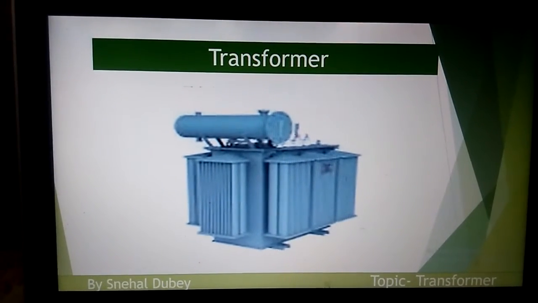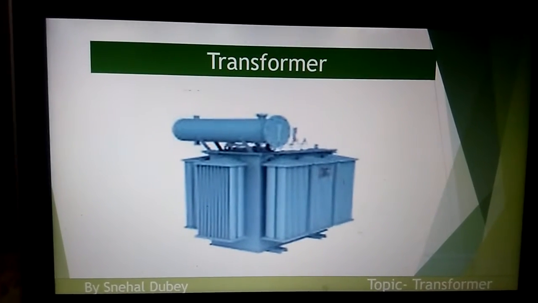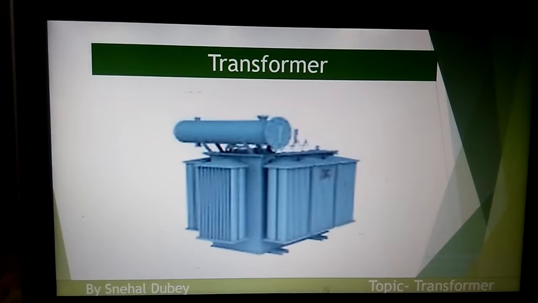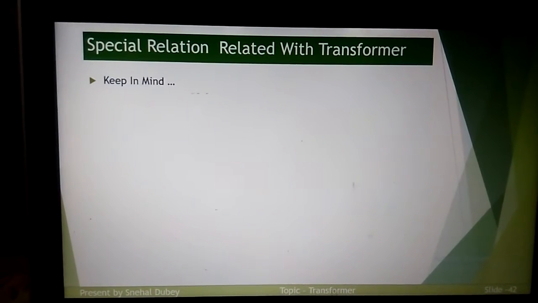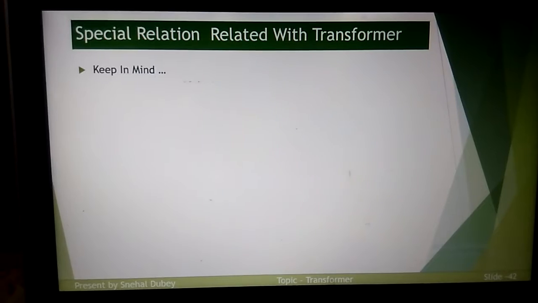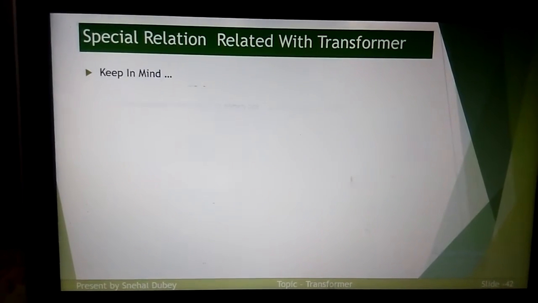I am providing you the list of all formulas related to the transformer, which is very helpful for you to solve numericals. So keep in mind all these particular formulas.